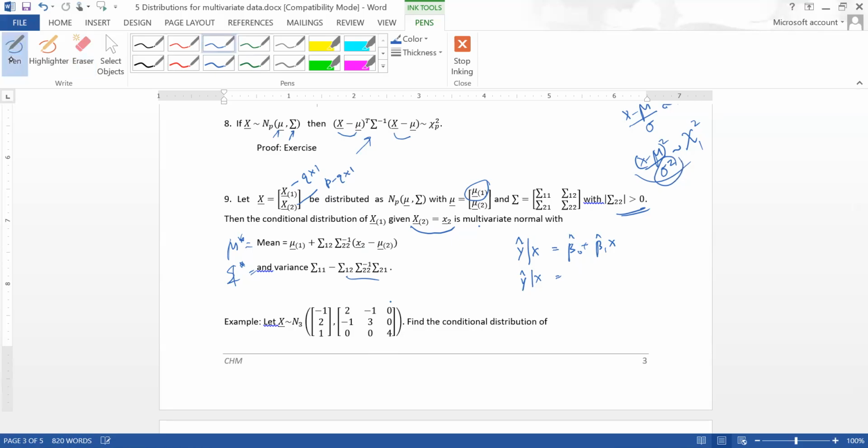I just asked, what's beta naught in simple linear regression? Yes, Nadeem, that's the intercept. I'm asking for the equation: beta naught in terms of x's and y's. Simple linear regression, don't you remember how beta naught and beta 1 come?